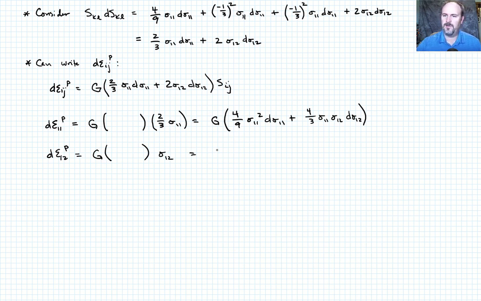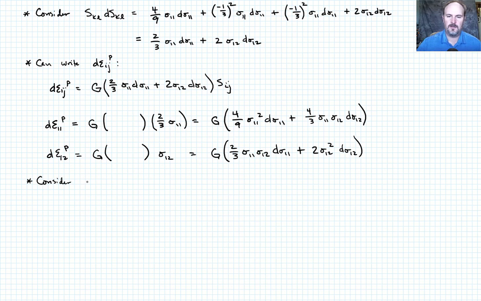And so we can write this as 2/3 sigma 11 sigma 12 times d sigma 11 plus 2 times sigma 12 squared d sigma 12. Okay, straightforward. Now let's consider what happens here along each path.